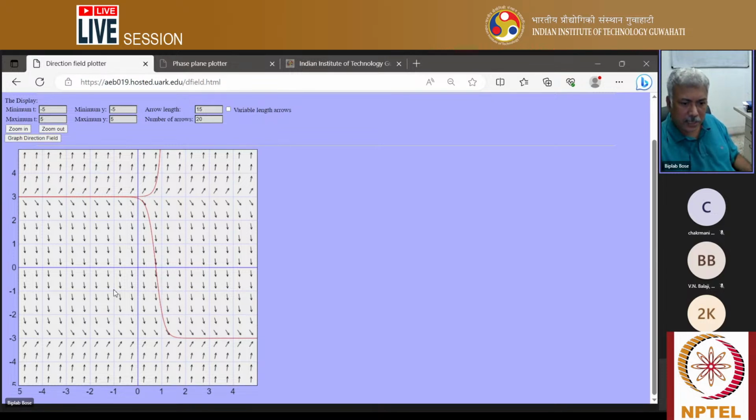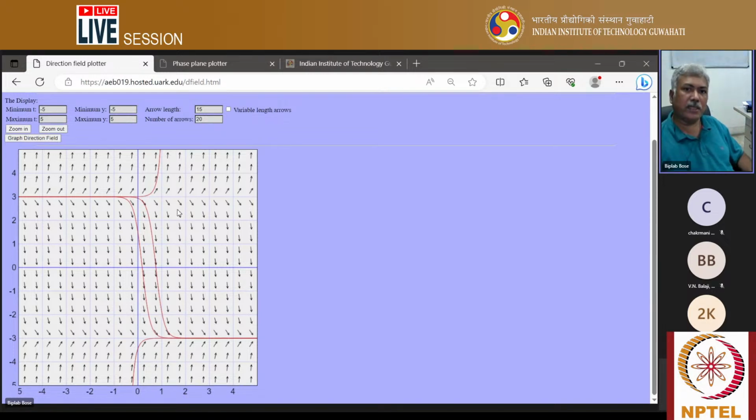If I start somewhere just below -3, again I will collapse on -3. So in this direction field, the arrows tell me, if I start from one position, where I will reach. If I start at 1, at t equal to 0, I'll go back and collapse to -3 because -3 is my stable state.